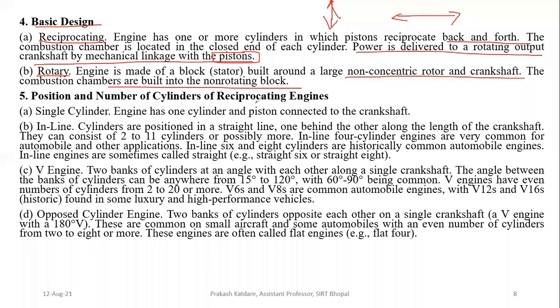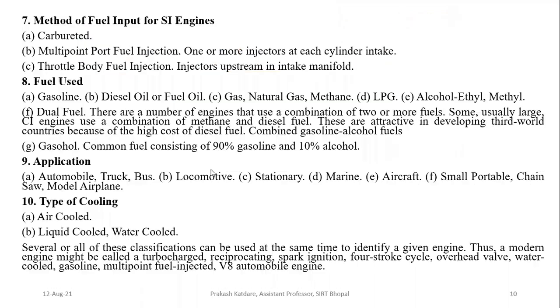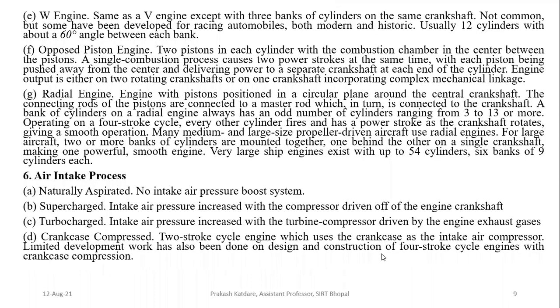Then, according to position and number of cylinders of reciprocating engines, that we have already seen: single cylinder, inline, V engine, opposite cylinder, W, opposite piston and radial engines. Then, depending upon the air intake process, how the air is supplied into the IC engine.